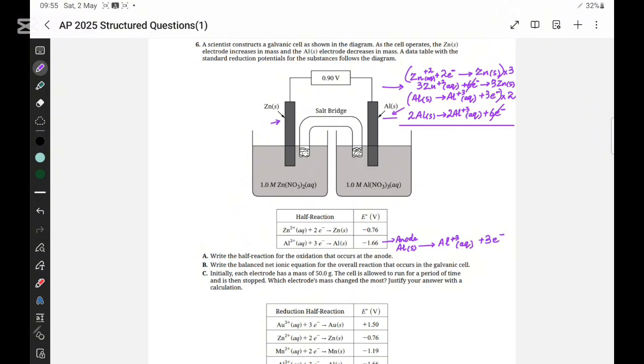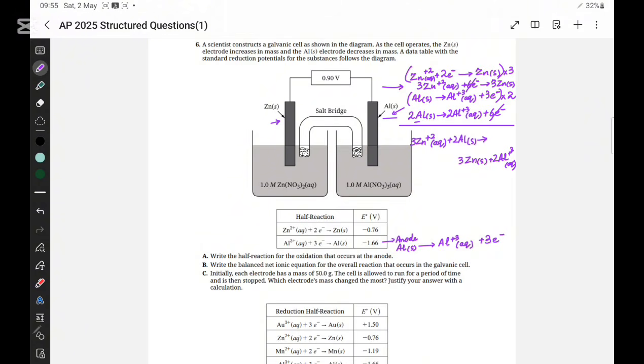The final net ionic equation comes out to be 3Zn2+ in aqueous form plus 2Al in solid form forming 3Zn solid plus 2Al3+ in aqueous form.